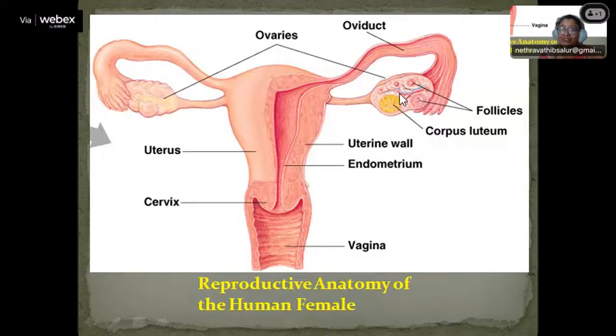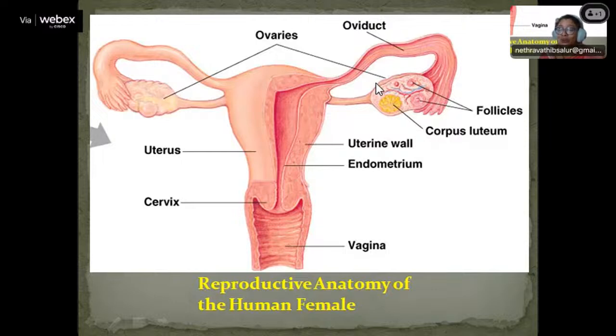The main function of the fallopian tube is to carry the ovum, or the fertilized egg, towards the uterus. This is the main function of the fallopian tube, which is also called the oviduct.